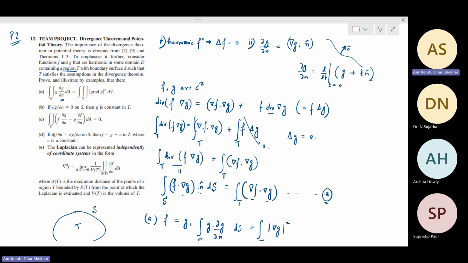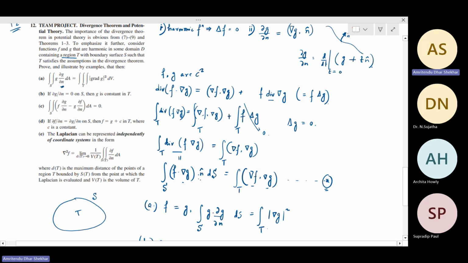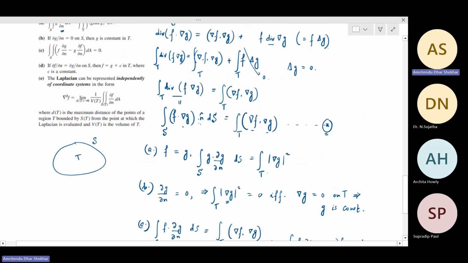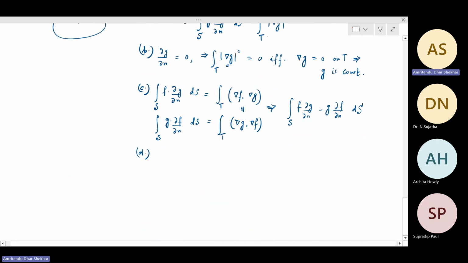All right, so let's look at this part D. If del f upon del n is equal to del g upon del n, then that just basically means that del upon del n of f minus g is equal to 0, right?